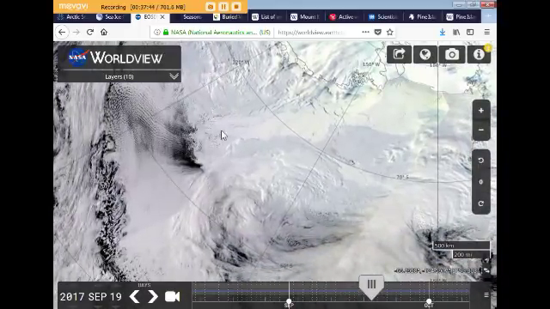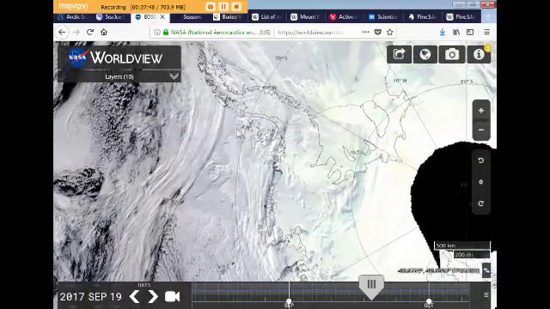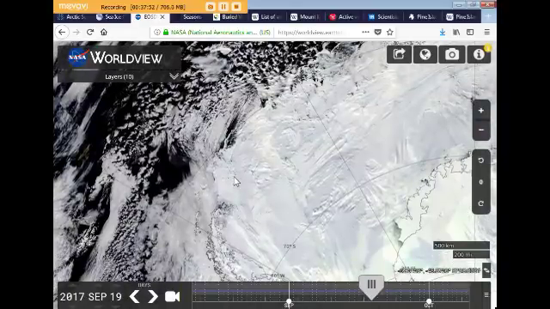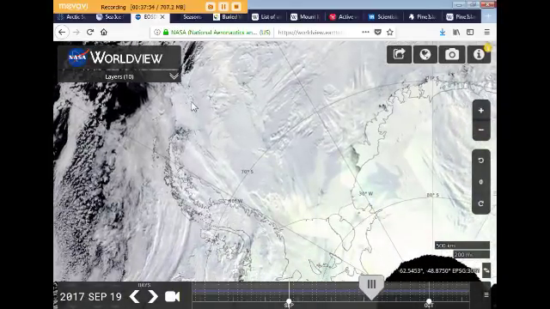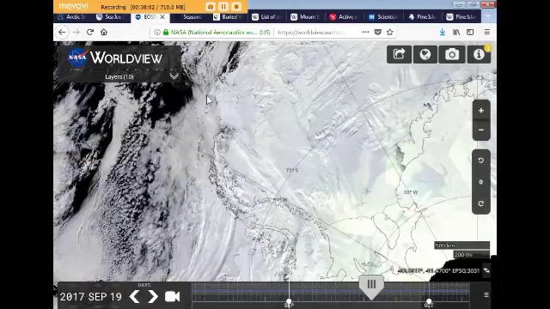Here's the edge of it. So this was last year, and what we're going to be doing, as we come at the end of summer, coming into fall, is start looking at the Antarctic and see the sea ice extent, and see here is how far it went, because here's that peninsula.